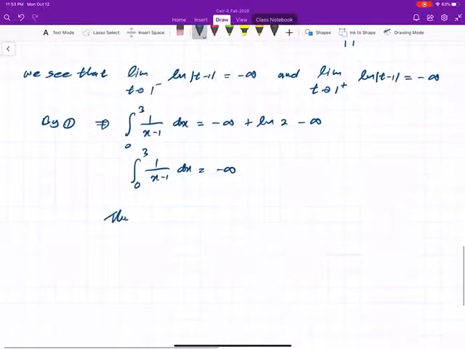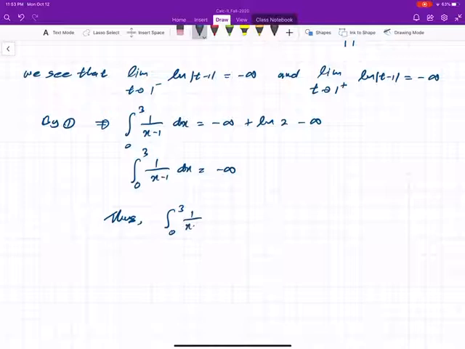Thus, since the integral is negative infinity, we say the integration from 0 to 3 of 1 over x minus 1 dx is divergent. Alright, so that is the answer.